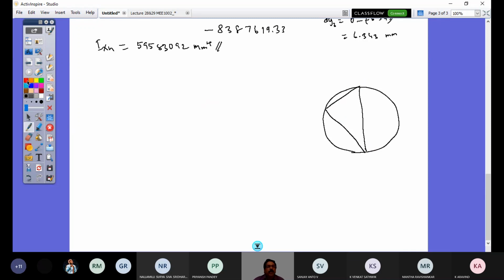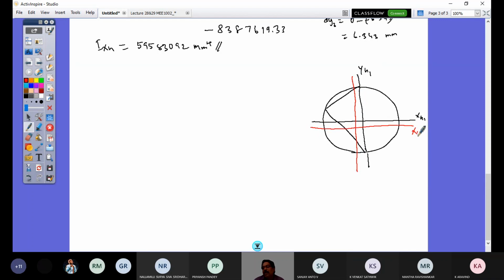So when it is removed, this location of centroid, earlier it is referred by this. This is my x and y, and happens to be xg1, yg1, for the circle. Now my centroid is shifted because of this triangle removed, and the CG is located now in the third quadrant.